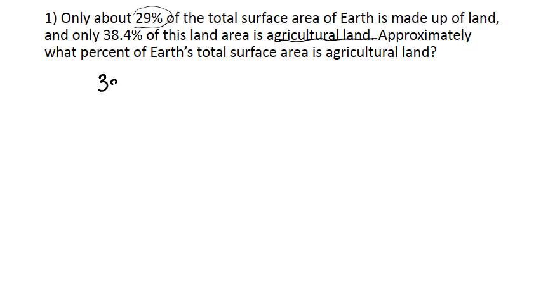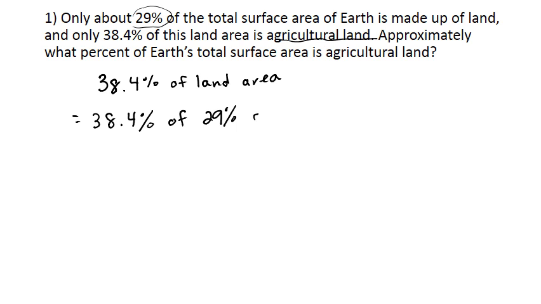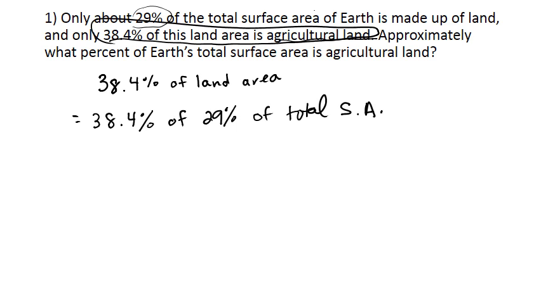So we have 38.4% of land area that we can use for agricultural land, but that is 38.4% of the 29% of total surface area. So the 38.4% is the percentage that is agricultural land, and the 29% is the 29% of the total surface area of Earth. Then we need to figure out what this actually would be.